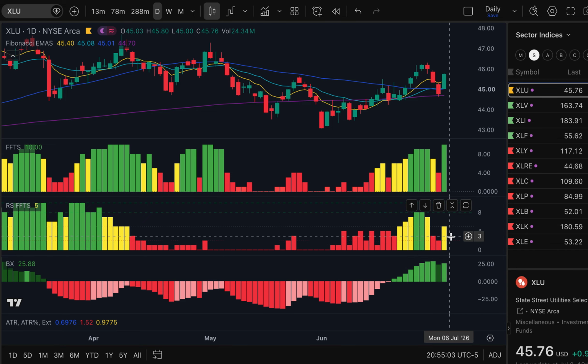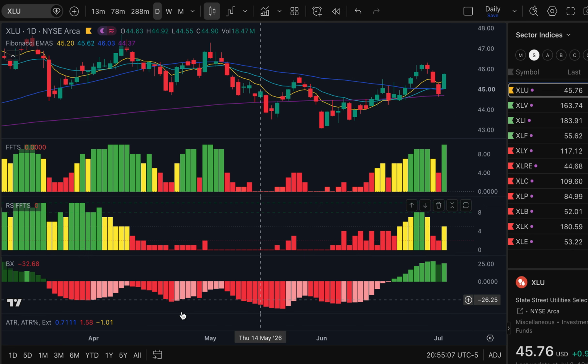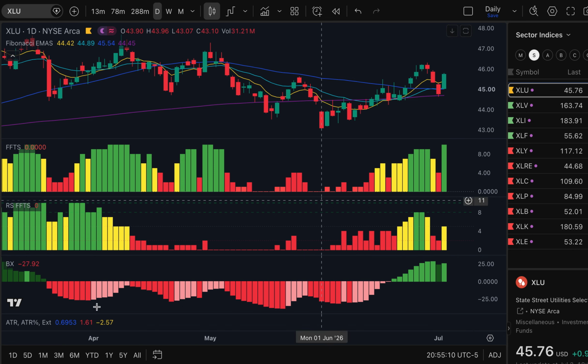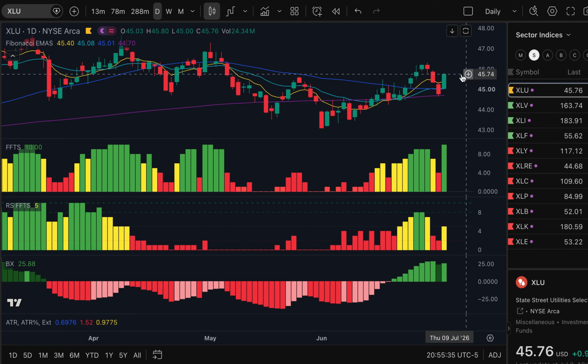One of the reasons why the relative strength is not as good on this one, if we look at the ATR, it's a 1.5% ATR ETF. So I think that low ATR makes it more difficult for the relative strength to look good. So it's hard to beat SPY with such a low ATR.